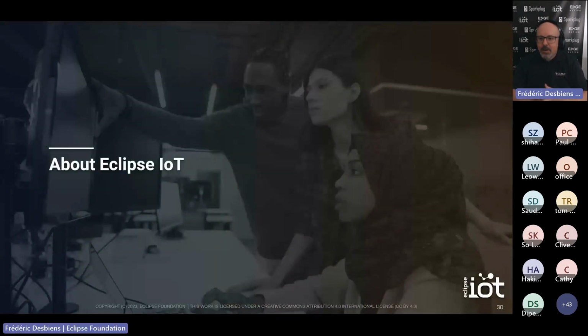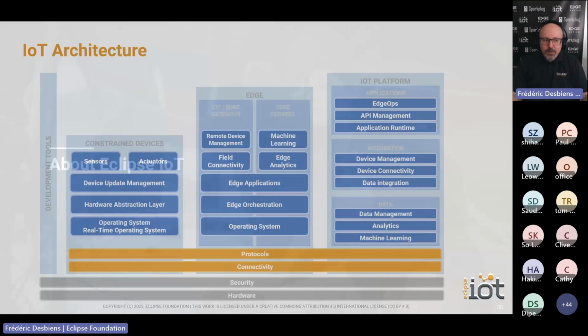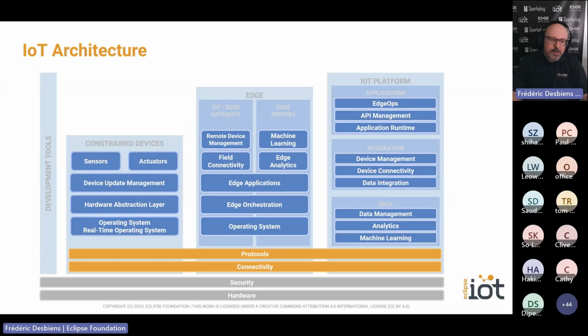Anyway, to conclude, very briefly, just to introduce the IoT work we do at the Eclipse Foundation. This is our little IoT architecture that we use as a reference point in our community. And when I say we, this is coming from our committers and contributors, not from me personally.